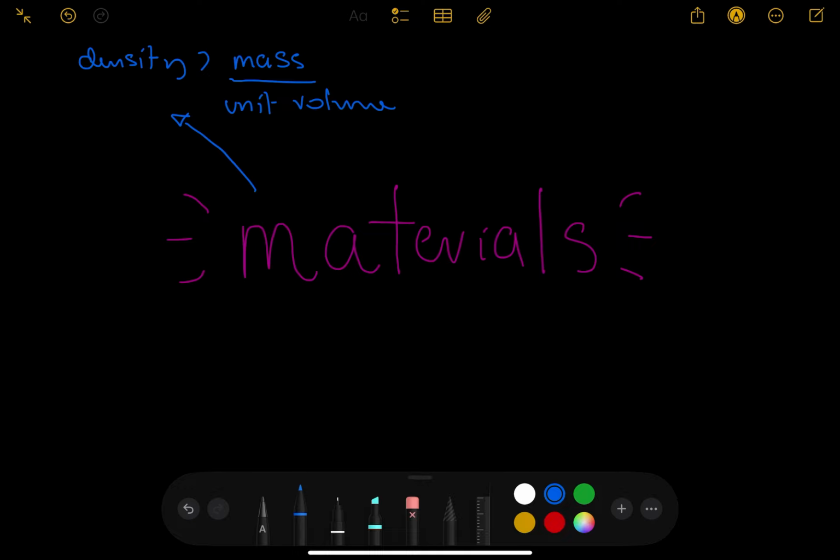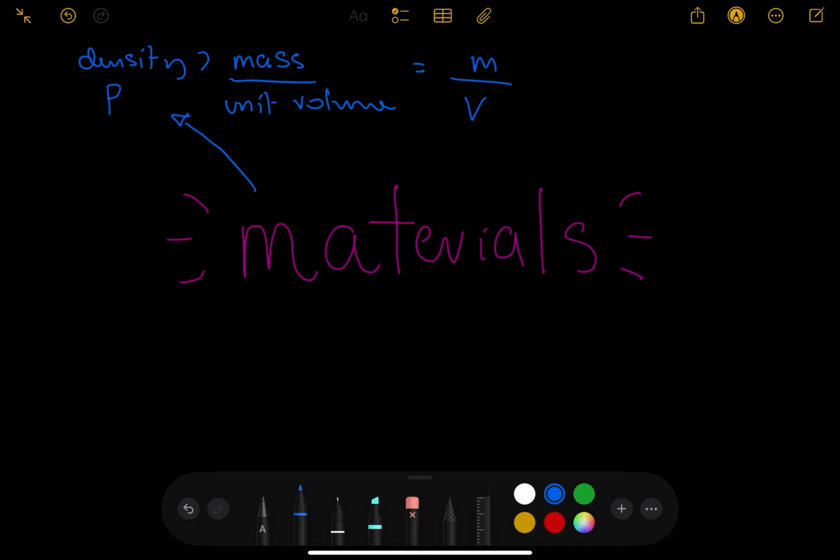And for a certain amount of a substance of mass m and volume V, and you have to write the V a little bit differently, kind of like that, so as to not get it confused with voltage. Its density is ρ, which is pronounced rho.